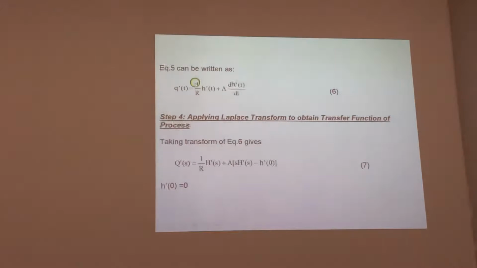Q prime equals 1/R times H prime plus area multiplied by the time change, the accumulation, dH prime/dt. So if you look at this equation itself, it's also a process model equation. It's just that this process model equation now has a different meaning because it's compared to a steady state condition.